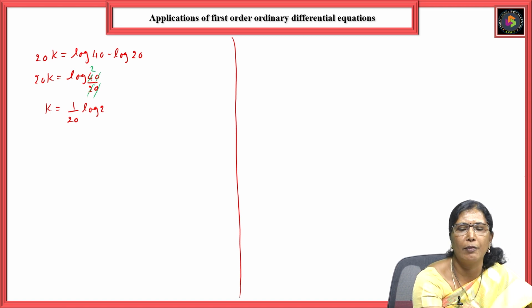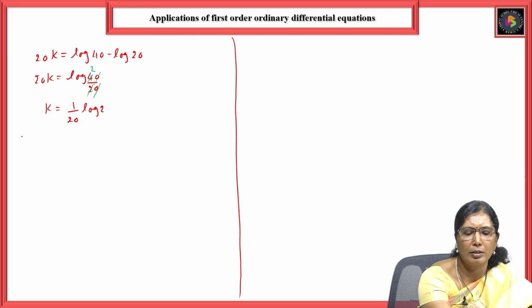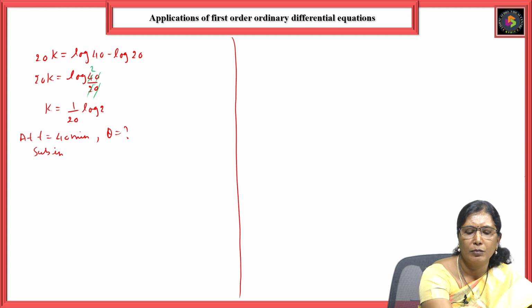Now we got both k value and c value. Now what they have asked, at time t is equal to 40 minutes, what is the temperature of the body? You should find what is the temperature of the body. So substituting in 1, log theta minus 40 is equal to minus kt plus c.